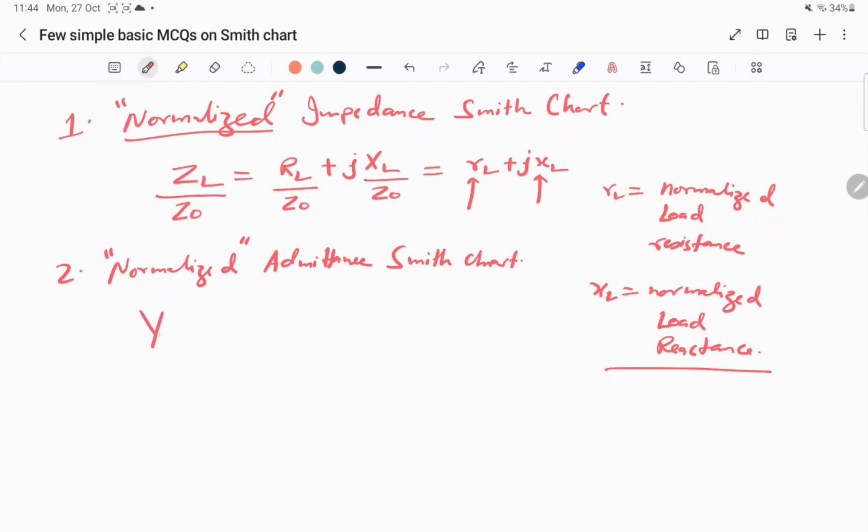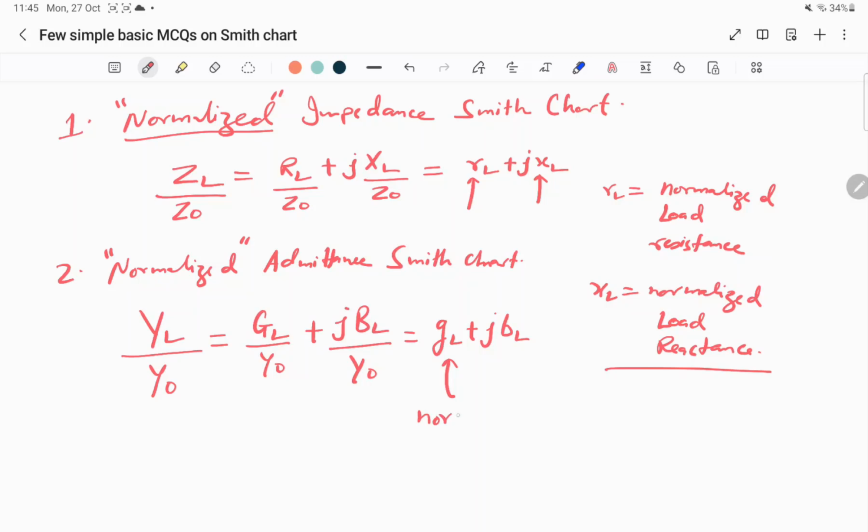So that will be YL divided by Y0, which is equal to GL divided by Y0 plus jBL divided by Y0, which can be written as gL plus jbL, where gL is normalized load conductance and bL is normalized load susceptance.